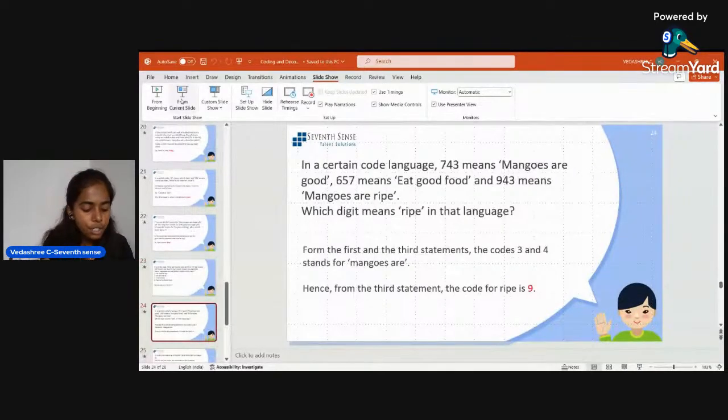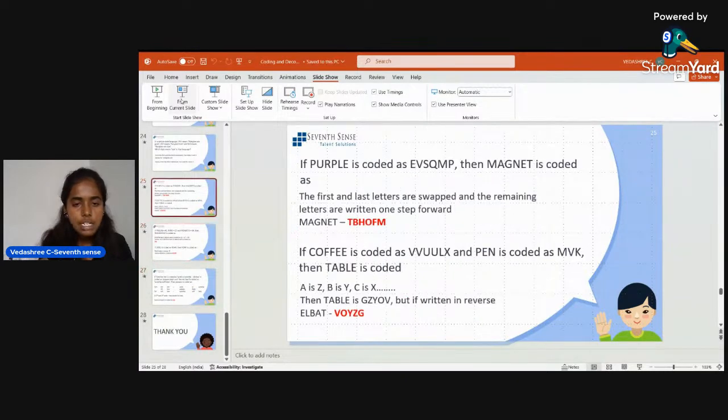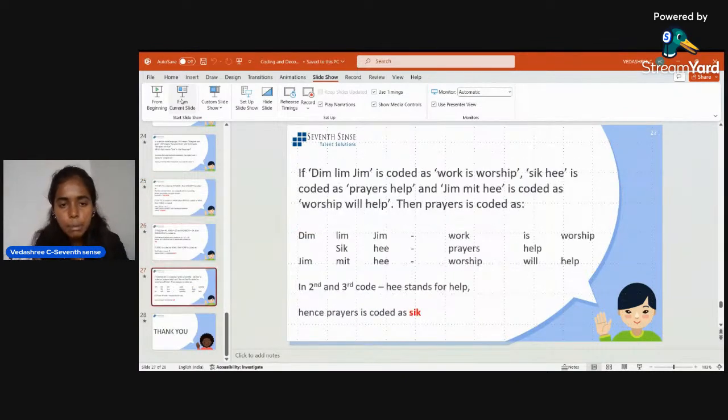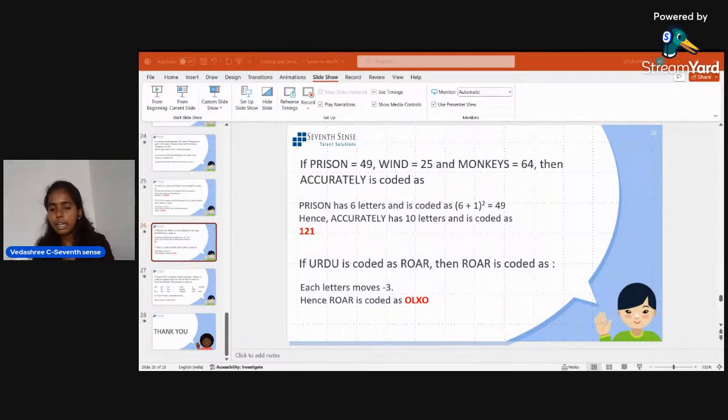Okay, is it enough or will you solve some more questions, or else we'll move on to some verbal ability topic, synonyms and antonyms. So the answer is 5 or 8.